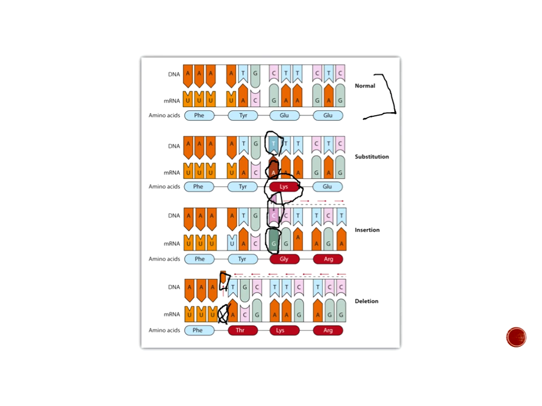It's shifting everything over, therefore giving us all different amino acids than what should have been there and messing up that protein. Okay? So those are some examples of how when DNA replicates itself, we can get mutations that will eventually cause defects in the proteins.